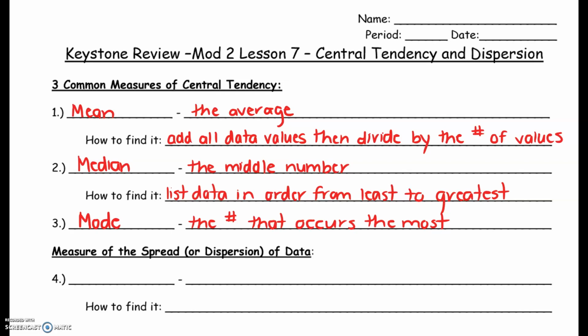Now, the fourth measure that typically is taught along with mean, median, and mode is the word range. Now, we have learned one definition of range this year, but range in terms of central tendency and dispersion is really the measure of the spread of data.